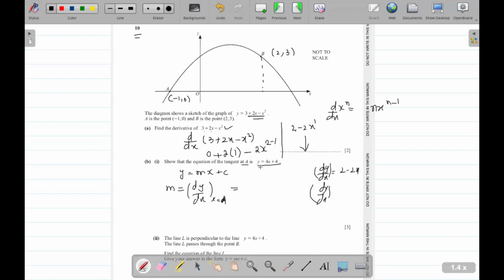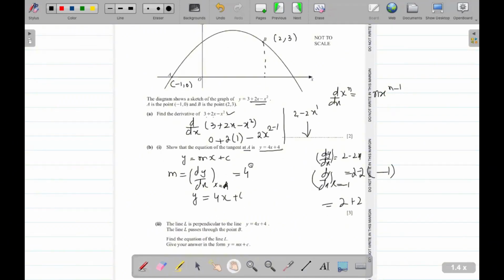This point here is -1, 0. Therefore, x will be equal to -1, and we can write 2 minus 2 into -1, and this value will be 2 plus 2, and this is 4. We write m is 4, and therefore the equation will be y equals 4x plus c.